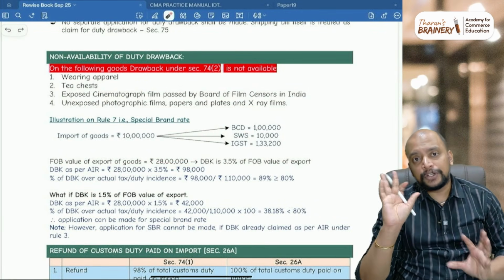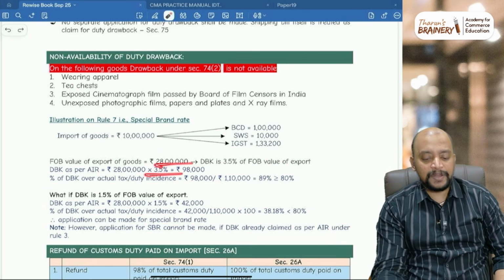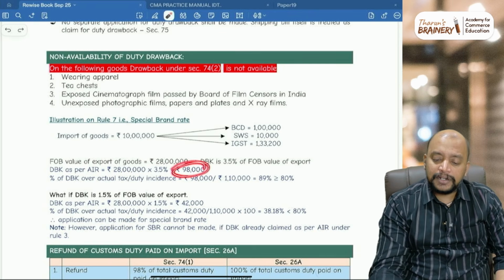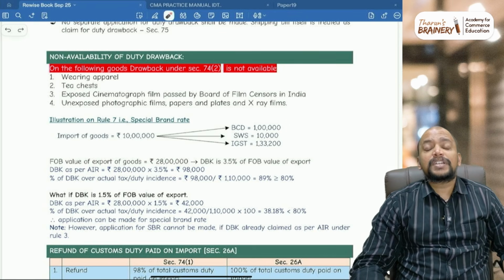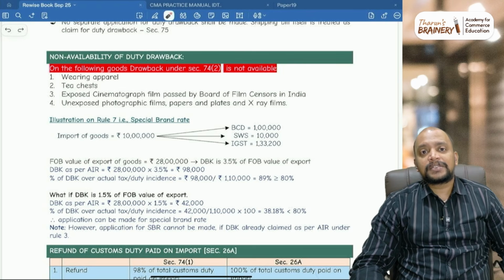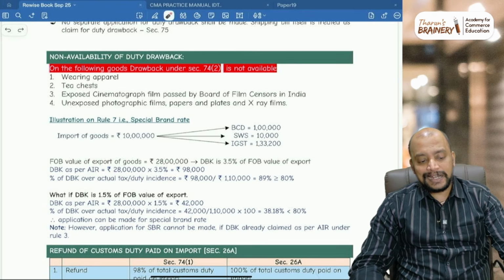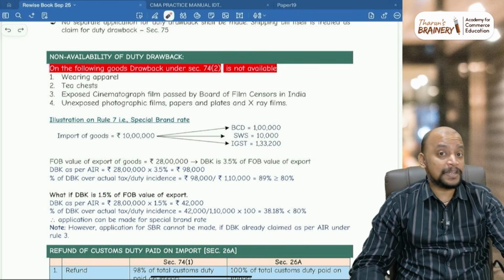So how much will you get duty drawback as per notified rate? 28 lakhs into 3.5%, 98,000. Whether it is going to cover 80% of your customs duty paid, that is 1,10,000, basic customs duty plus social welfare surcharge. So 98,000 divided by 1,10,000 into 100 is 89%. Yes, more than 80%.